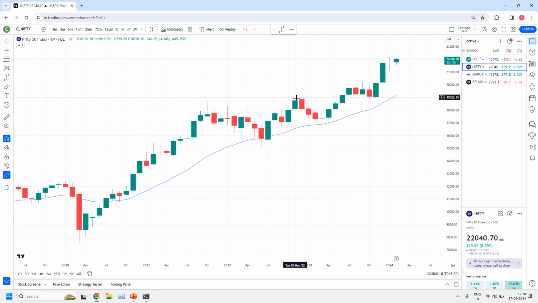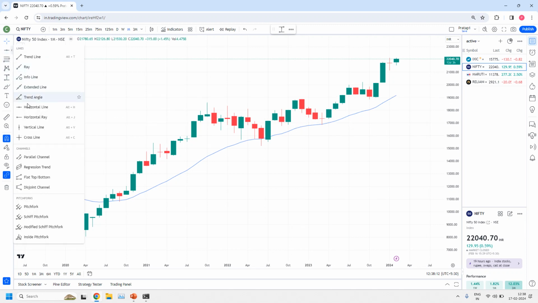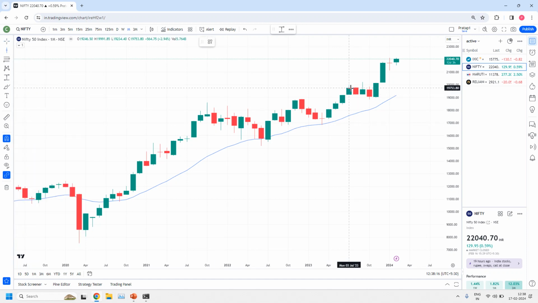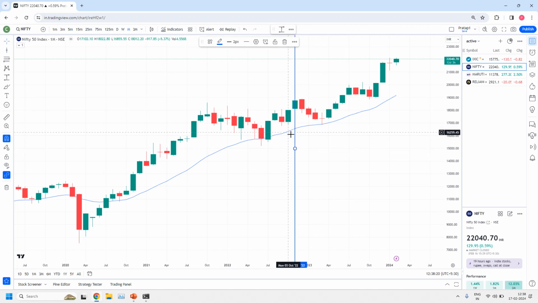There is a price overextension compared to the EMA because prices moved far away. Let me draw a vertical line, you will get clarity. See, at this point of time, look at the EMA. This is the EMA, and this is your price. So definitely there is an overextension.